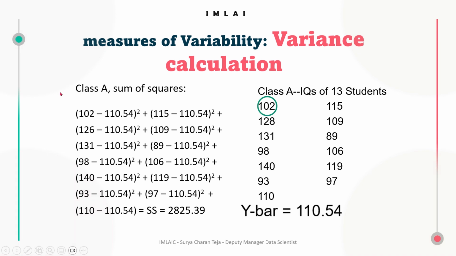So I will do 102 minus 110.54 whole squared. The negative value is suppressed.